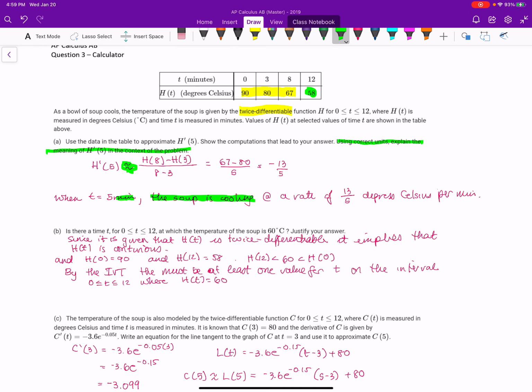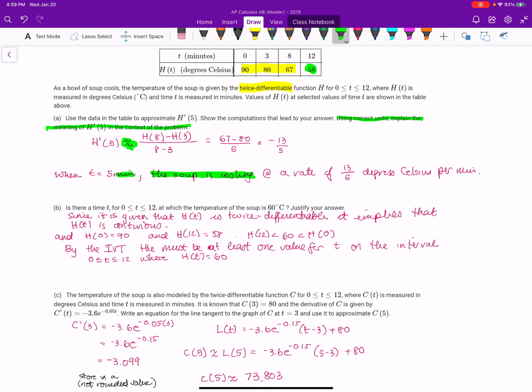You need to write specifically, since it is given that h of t is twice differentiable, it implies that h of t is continuous. You need to have that it's continuous, and you know it because you're told that it's differentiable. And h of 0 is equal to 90, and h of 12 is equal to 58. I can see that 60 falls between those two values. Those are the conditions for IVT, the intermediate value theorem.